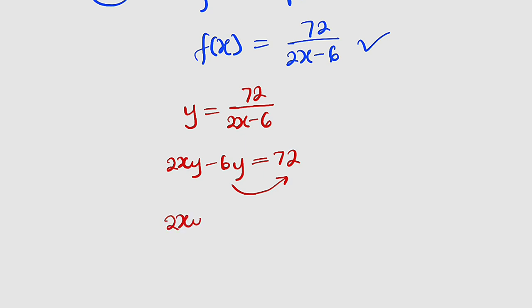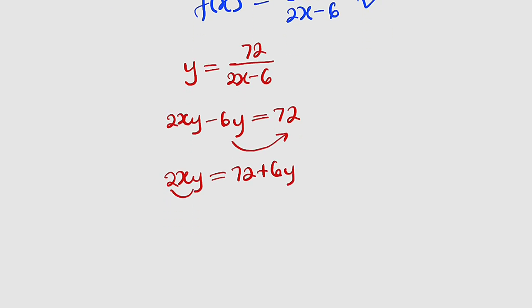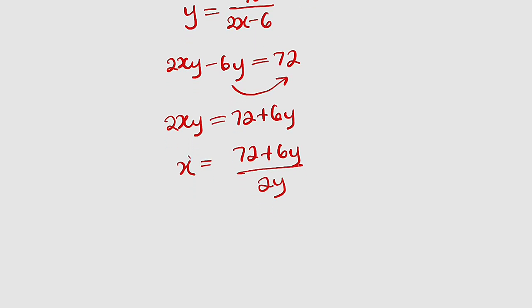We have 2xy equal to 72 plus 6y. Then we divide both sides by what? 2y, because we are looking for x. So x will be equal to 72 plus 6y divided by 2y. Now we are going to substitute this with f inverse of x. And wherever we have y here, we're going to replace it with x. So this is 72 plus 6x divided by 2x. This is the inverse function.